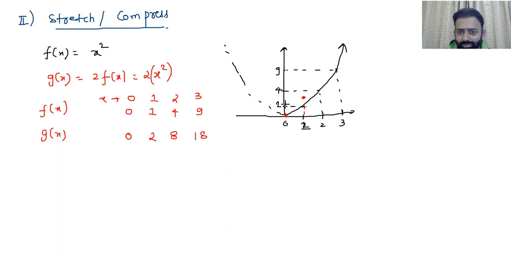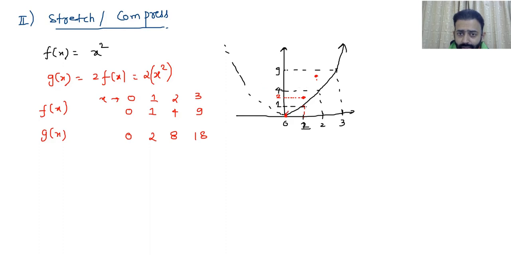So shifting is not constant, right? So we won't say it is shifted. You will just say that it gets a jump. So this is 2 at x equal to 1, and at x equal to 2 this is becoming 8.